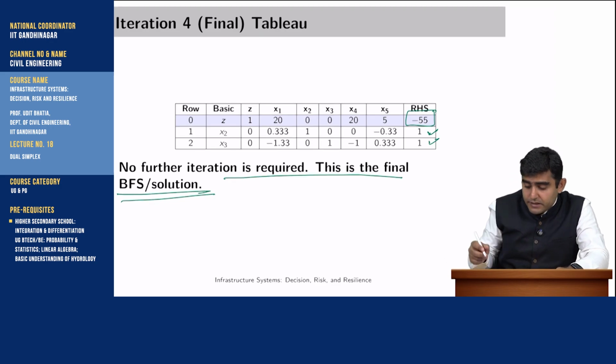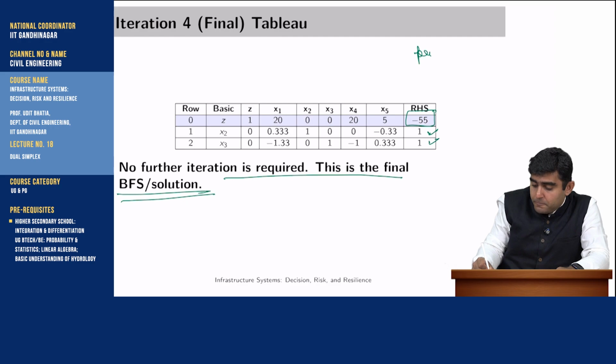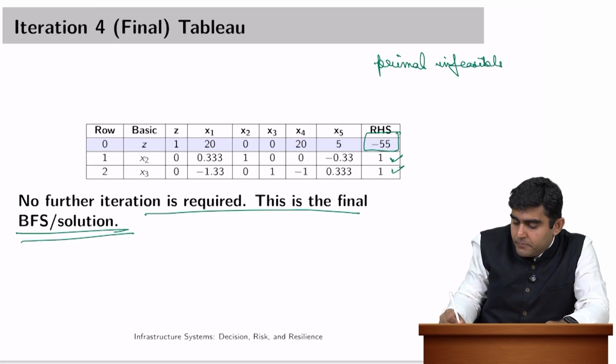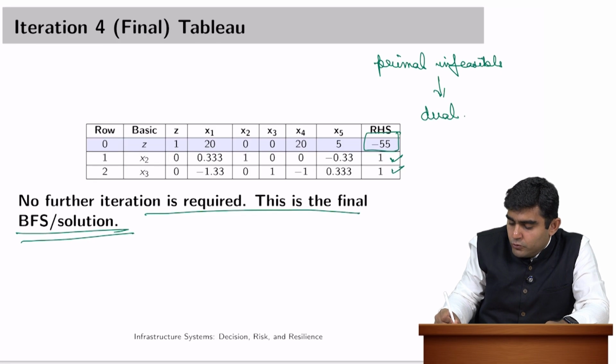So the big takeaway here is that we started from primal infeasible. Primal infeasible gave us the entry point to dual feasibility. Whatever was the entry rule in primal feasible was the exit rule in dual feasible and vice versa.